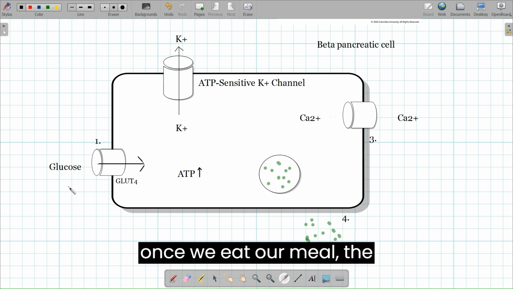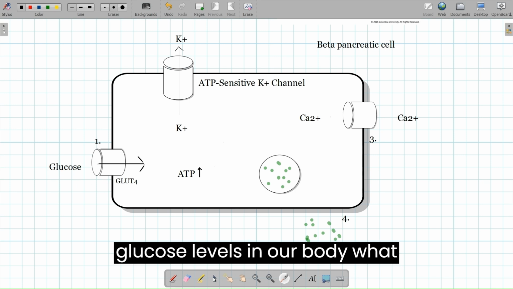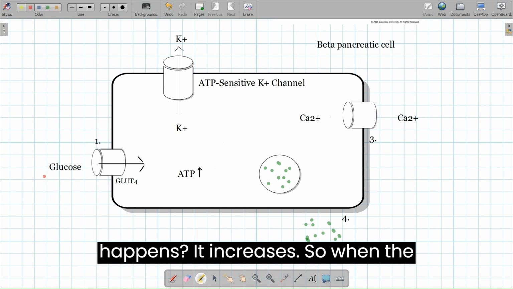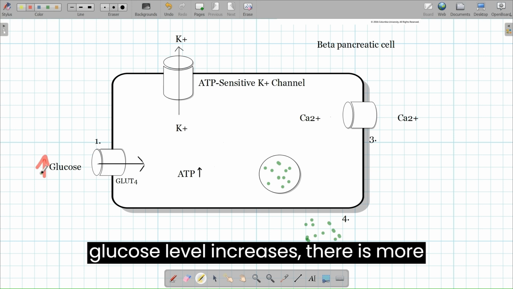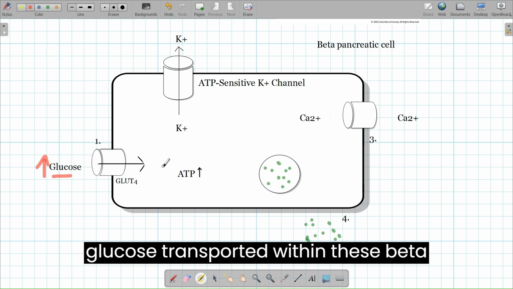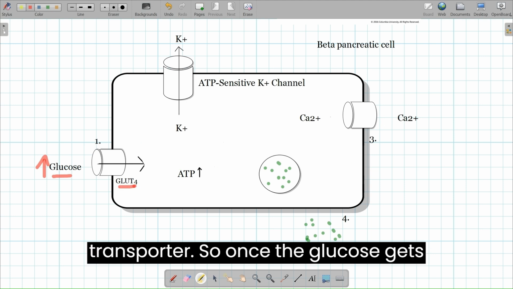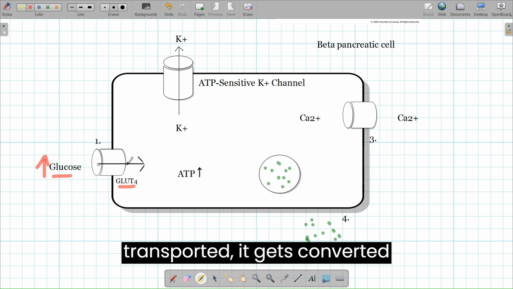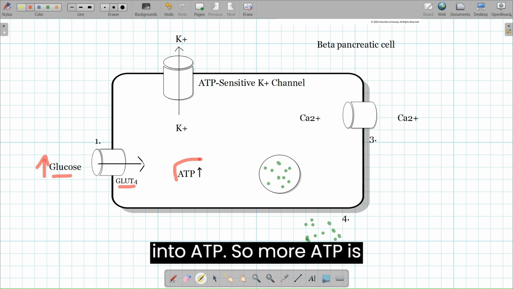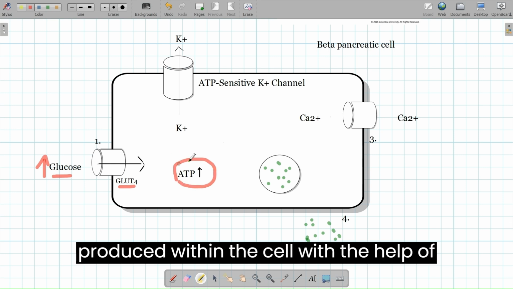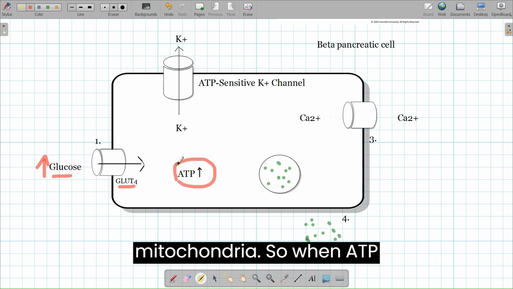Once we eat our meal, what happens to the glucose levels in our body? They increase. When the glucose level increases, more glucose is transported into these beta cells with the help of the GLUT4 transporter. Once the glucose is transported, it gets converted into ATP, so more ATP is produced within the cell with the help of mitochondria.